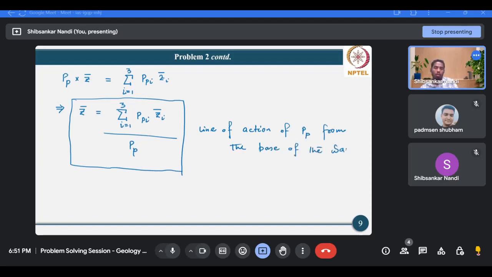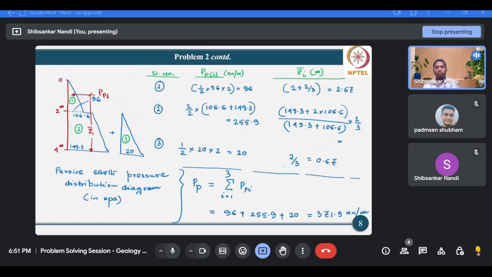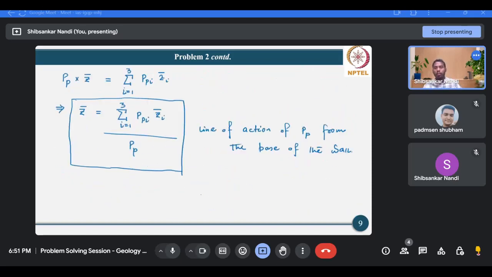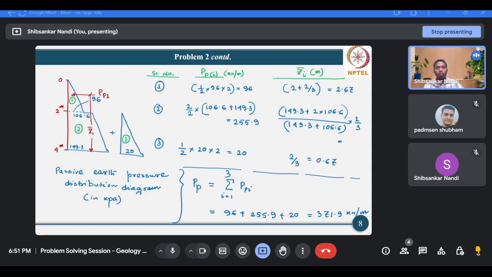Okay, so for this problem I am not calculating this part, I'm leaving it up to you. You just have to take the product of these individual components. So for example, 96 multiplied by 2.67 plus 255.9 multiplied by this one. So you have to calculate this value. Okay. Then 20 multiplied by 0.67. This will be in the numerator divided by this PP, 371.9.